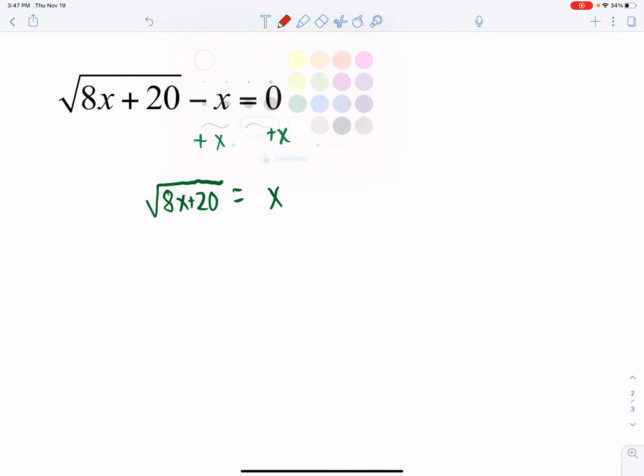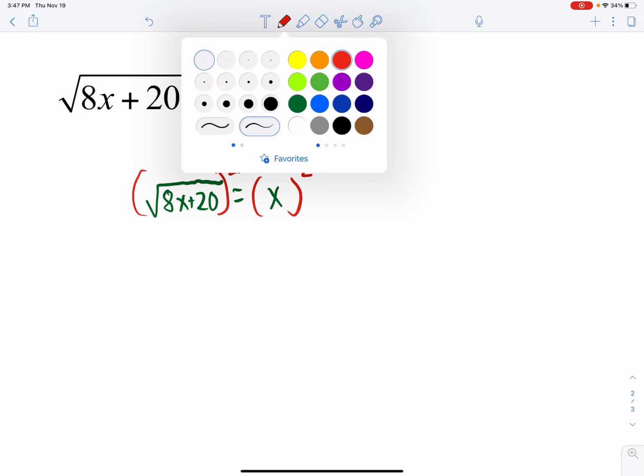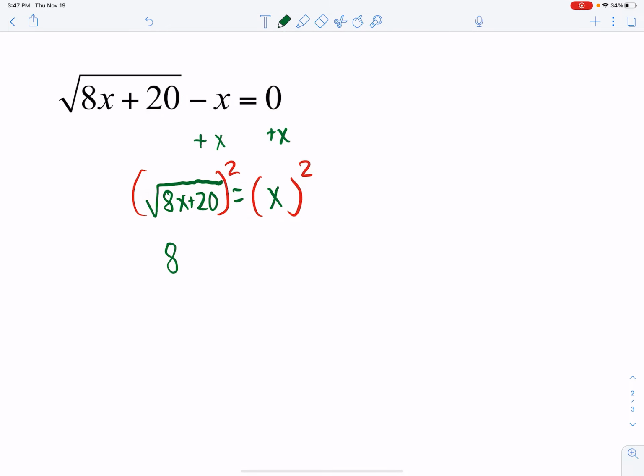Now we can get rid of the square root by putting parentheses around both sides and squaring both sides. On the left side, the square and square root cancel each other out, and we just get 8x plus 20. On the right side, x times x would be x squared.